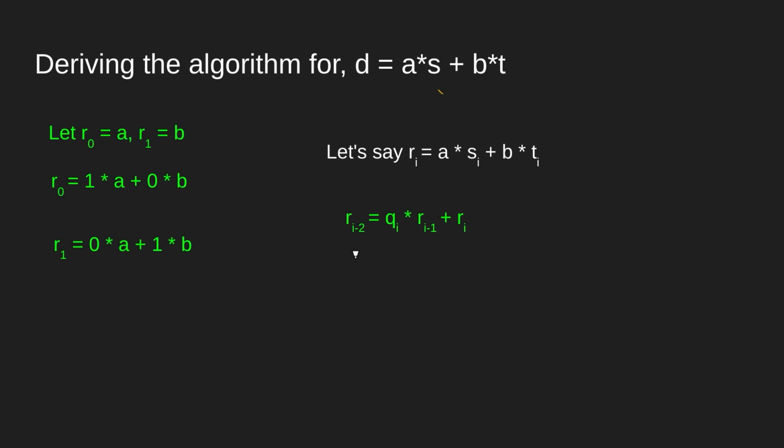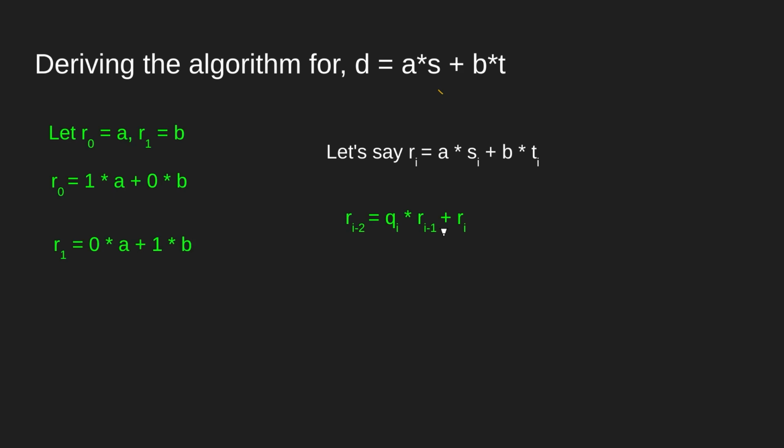We also know how Ri minus 2 and Ri are related. Ri minus 2 is equal to some quotient times Ri minus 1 plus Ri. Ri minus 1 is the remainder in the previous step, so in the next step, Ri minus 1 will be the divisor and Ri will be the new remainder.